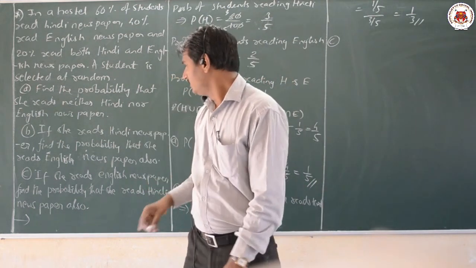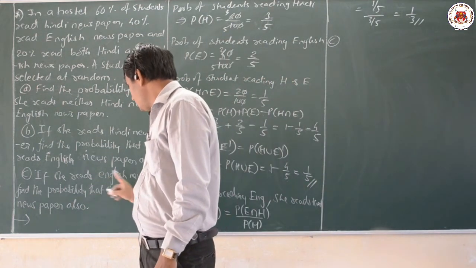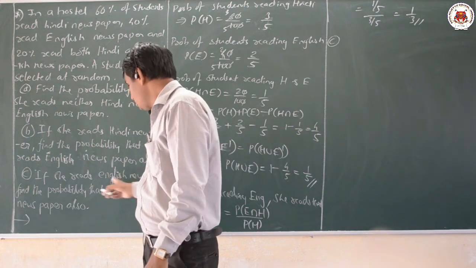Then the C part. If she reads English newspaper, find the probability that she reads Hindi newspaper.